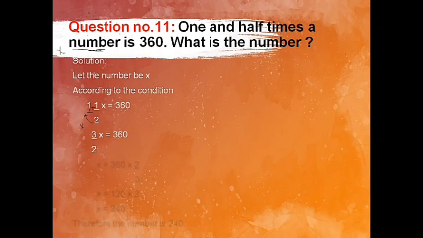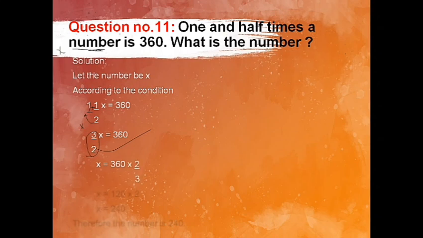Now we will transfer this 2 to the right hand side. It will go in the form of division, or we can take this whole fraction to the right hand side. So we will write the reciprocal of it. So that is x equals 360 into 2 by 3.